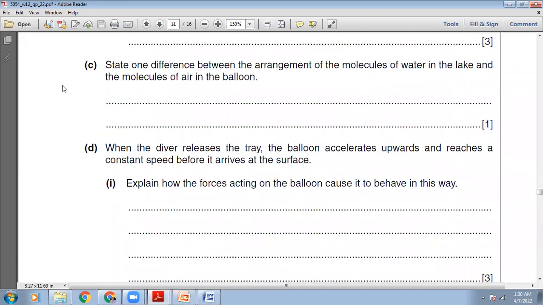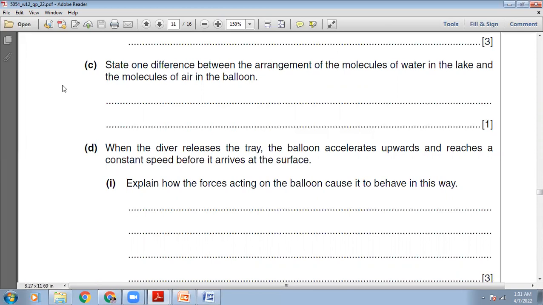He says, state one difference between the arrangement of the molecules of the water in the lake and the molecules of the air in the balloon. Basically, he's asking you to write the difference of the arrangement of the molecules in the liquid and in the gas form. So in the gas form, the molecules are far apart from each other, and in the liquid form, the distance between the molecules is relatively smaller.